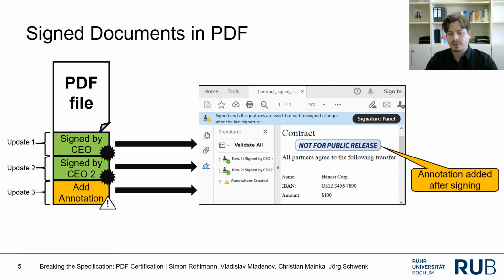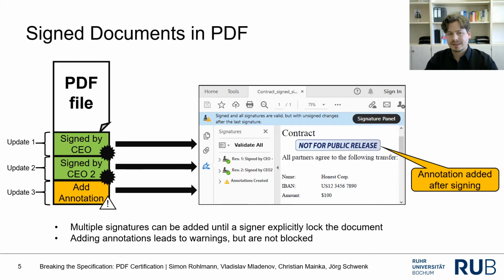If we add an annotation, like here, not for public release, we see in the signature part of the document that an annotation is created with a warning. So for signed PDF documents, multiple signatures are possible until a signer explicitly locks the document, and adding an annotation leads to warnings but is not blocked.